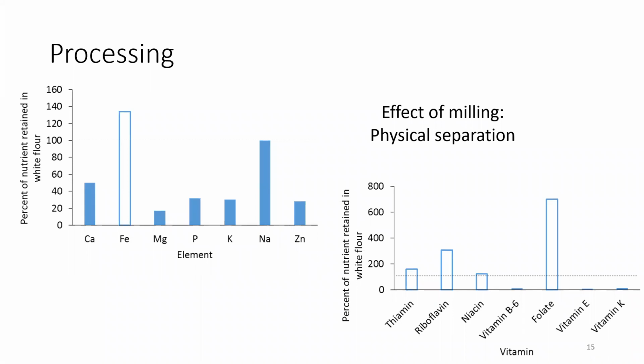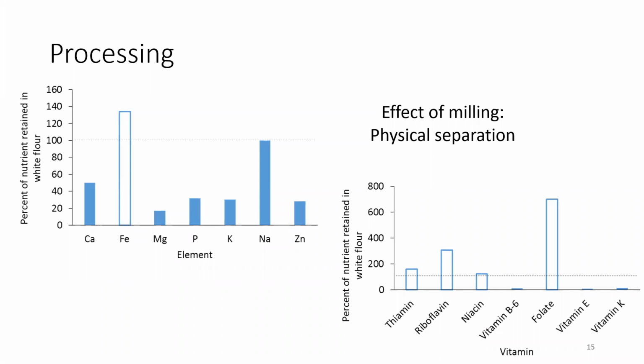This is physical separation during milling. I think this one is maybe not as interesting and probably kind of obvious. When we take a grain and mill it into white flour, we take off the bran coat, which has a concentration of a lot of the elements and vitamins as well.